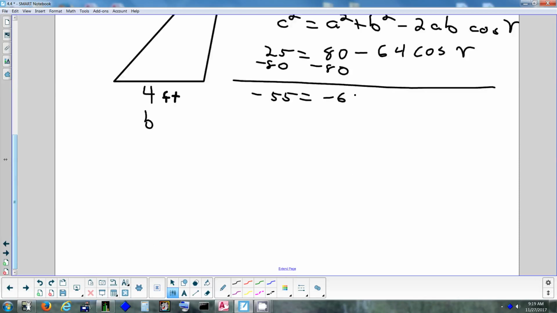Negative 55 equals negative 64 cosine gamma. That's not a good looking gamma, but okay, how about, Ryan, what would my next step be?